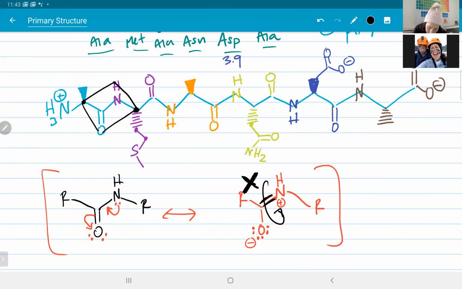And then from this alpha carbon to this alpha carbon, you would see another blue note card. Again, the blue note card refers back to the figure in your books. From this alpha carbon to this alpha carbon, you could see another blue note card. So essentially these polypeptide chains are kind of stuck.